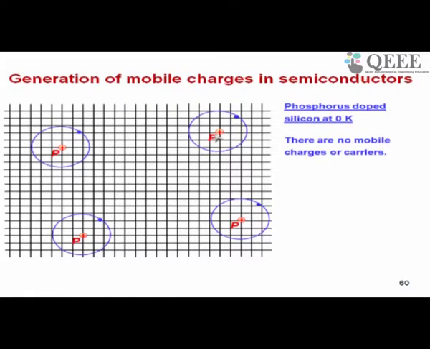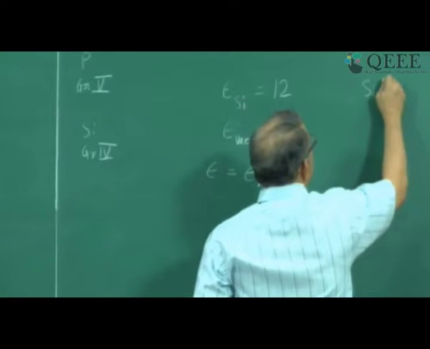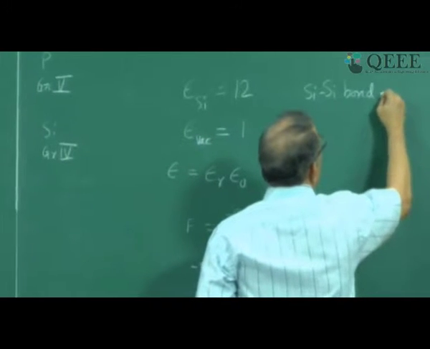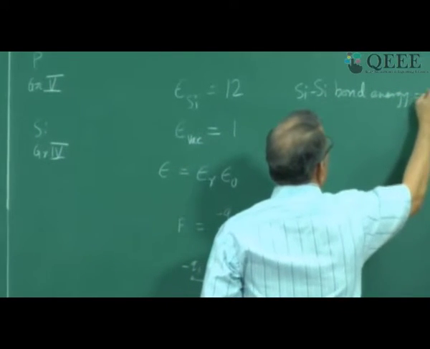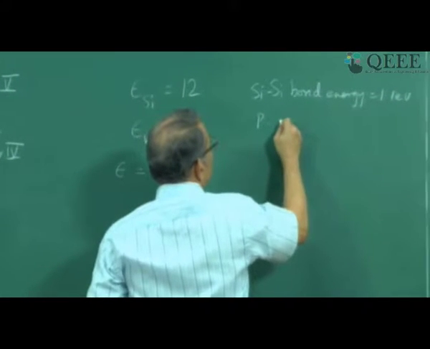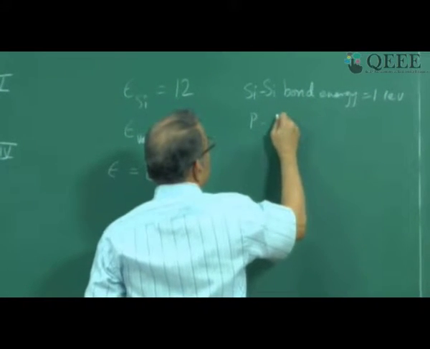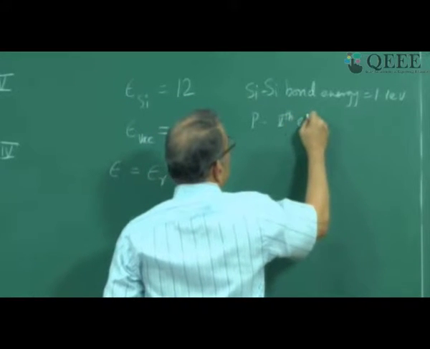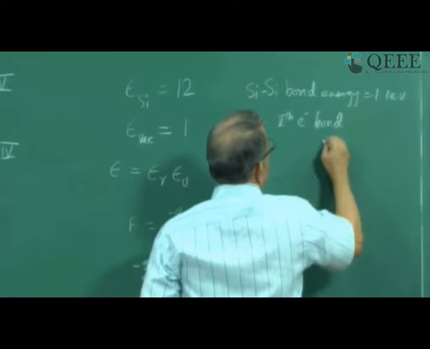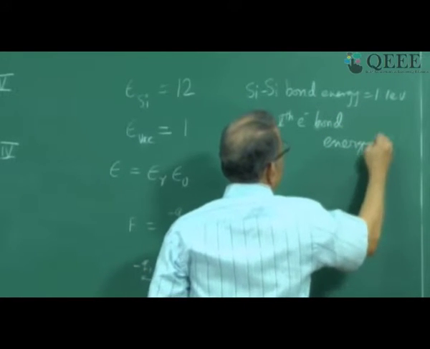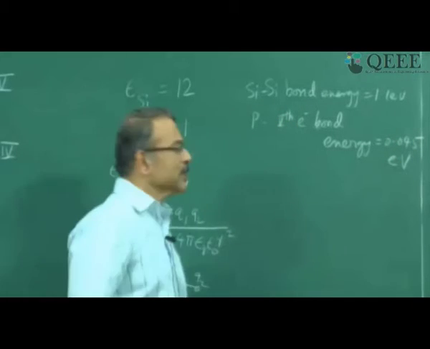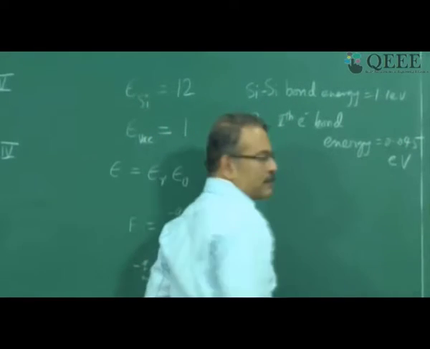Silicon-silicon bond energy is 1.1 electron volt, whereas the phosphorus fifth electron bond energy is 0.045 electron volts. So it is so much smaller than this.